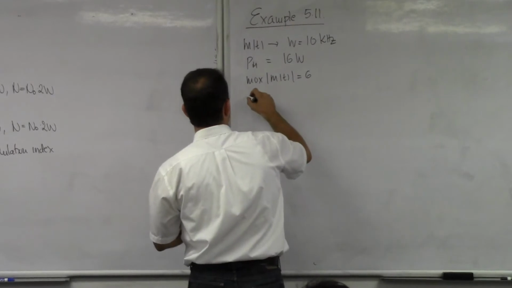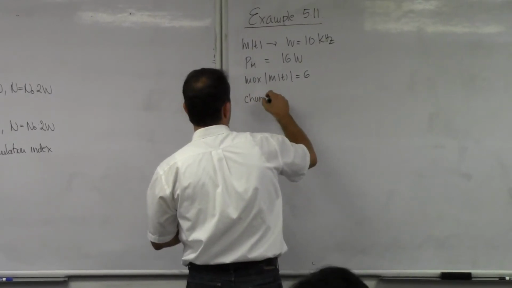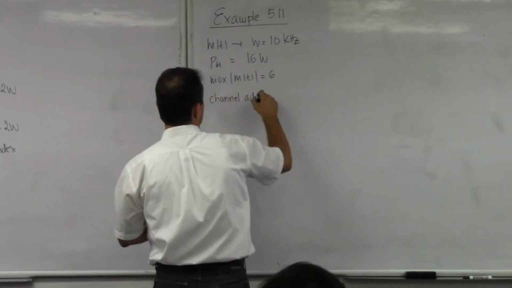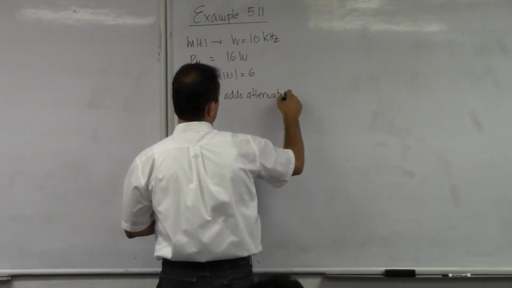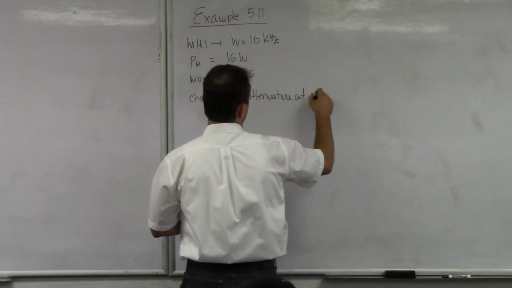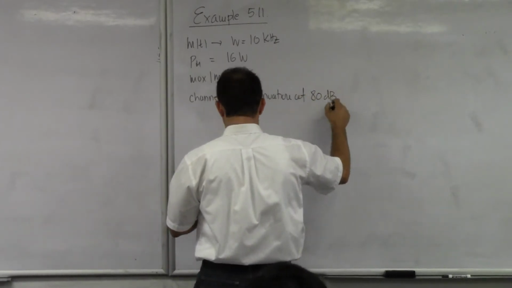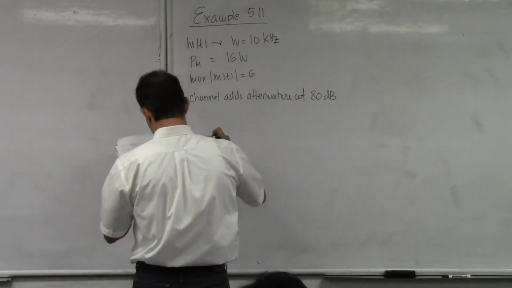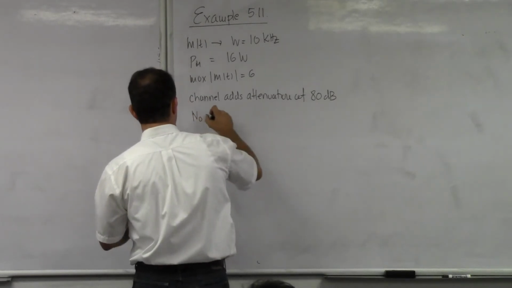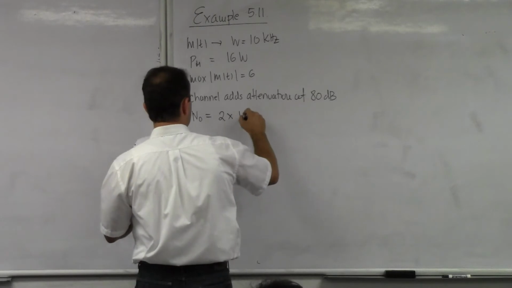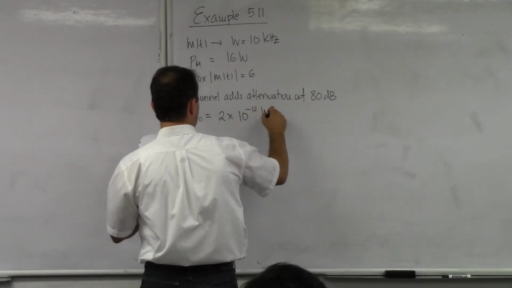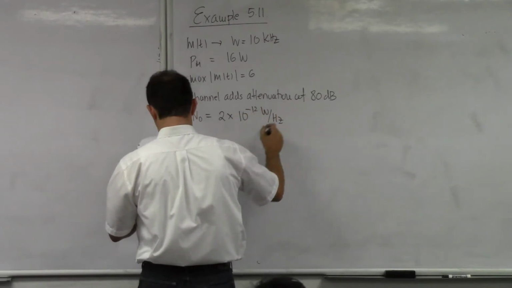Then we're sending this signal through a channel. The channel adds an attenuation of 80 dB, and the channel is corrupted by noise that has a spectral density of 2 times 10 to the minus 12 watt per hertz.